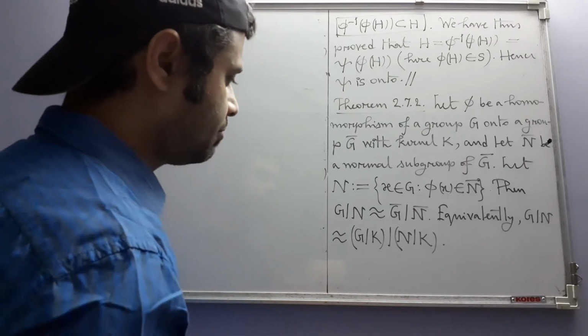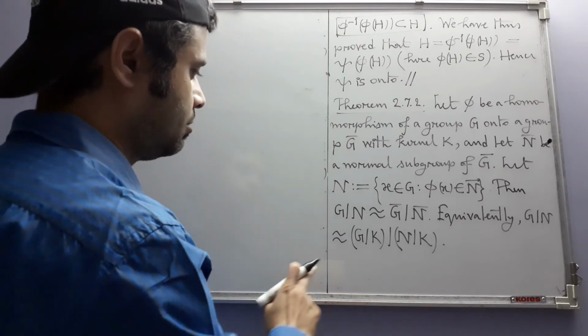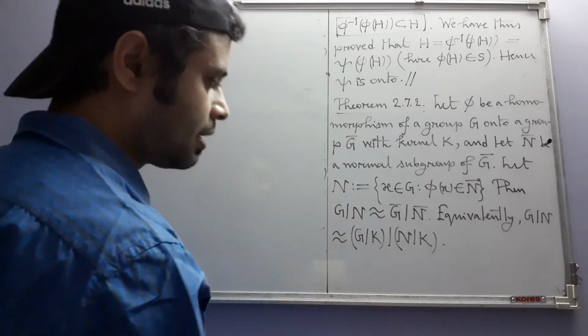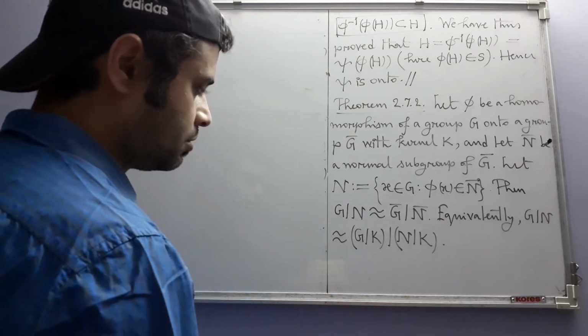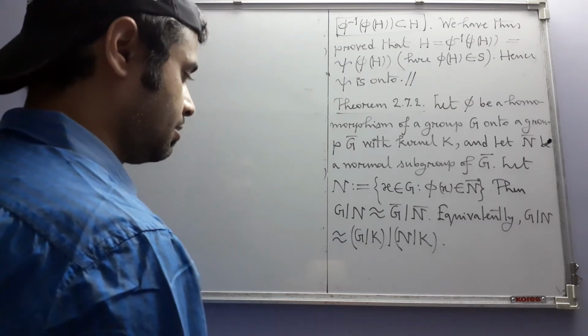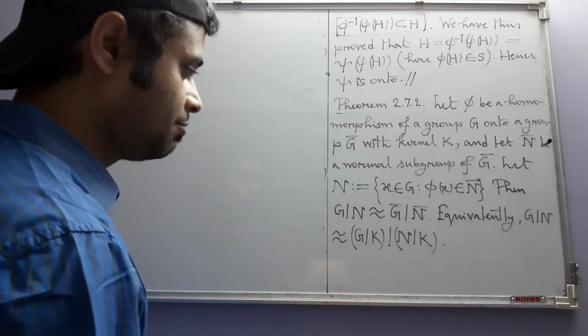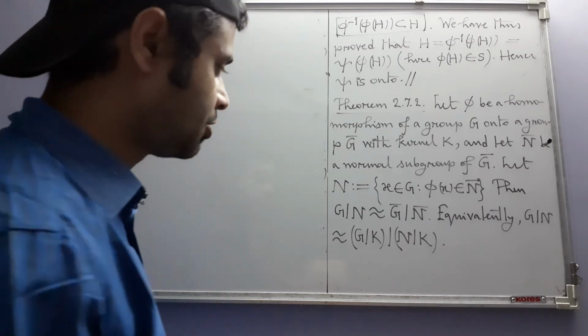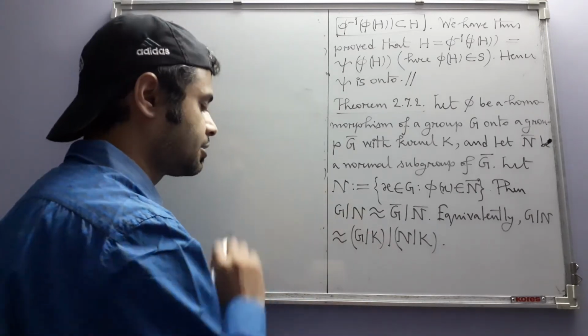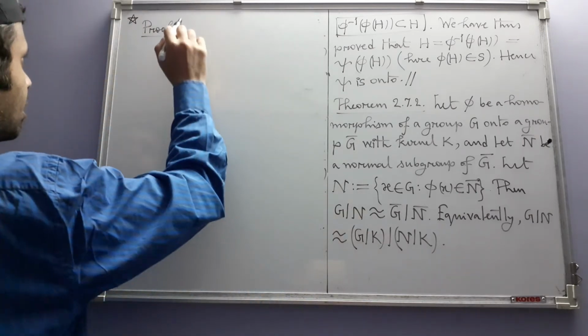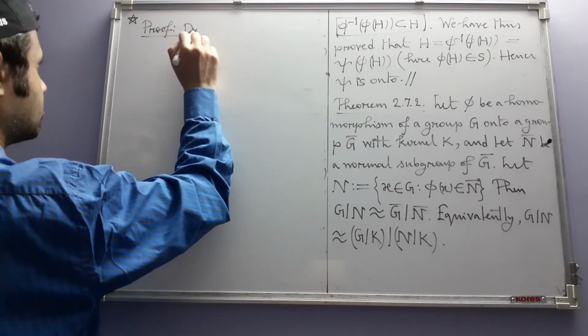So we will have to define a function from G to G bar by N bar that is a surjective homomorphism, that is, an onto homomorphism whose kernel turns out to be N. Okay, so let's just start by defining such a thing.